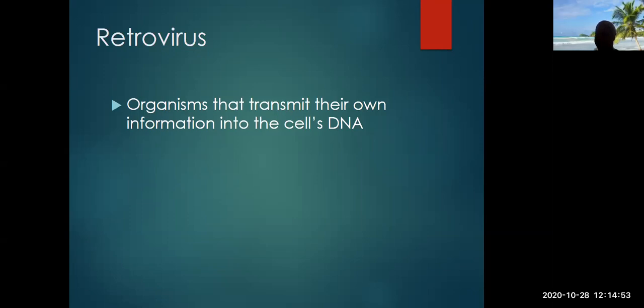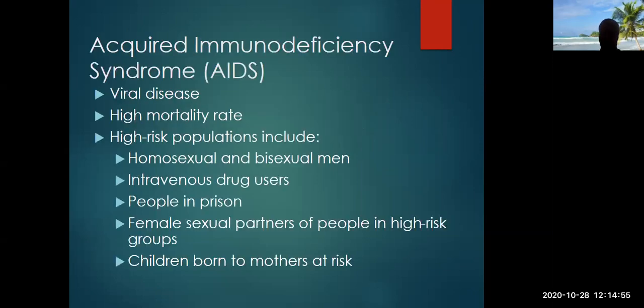You'll see this in HIV. HIV is the retrovirus responsible for the immune system problems, and when the infection with this organism progresses, it results in HIV disease and begins to progress to AIDS.